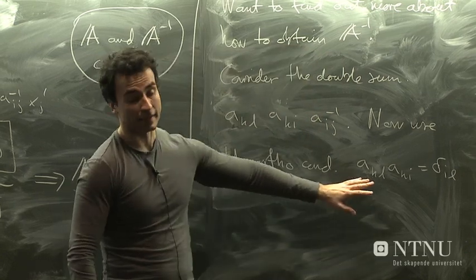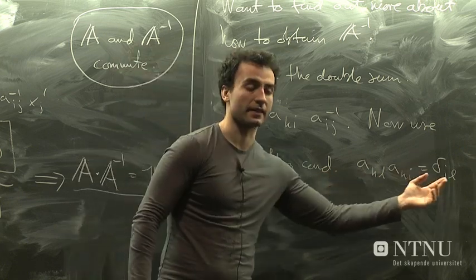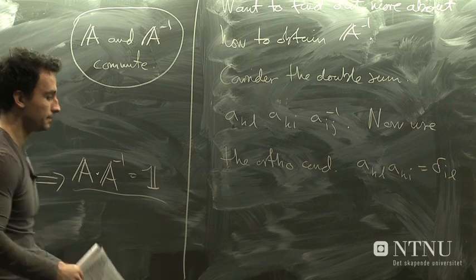We know that if A is an orthogonal matrix, it has to satisfy these orthogonality conditions, 3 of them.